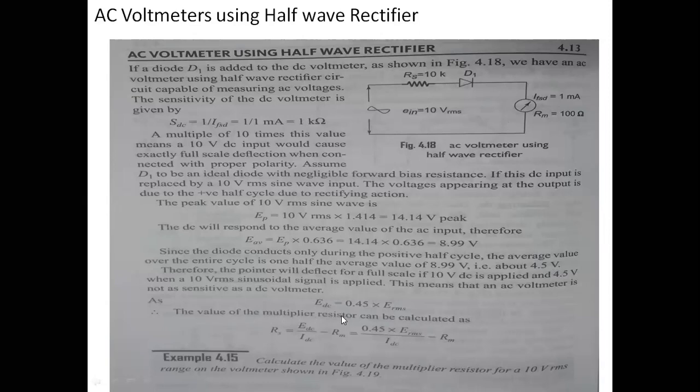The value of the multiplier resistor can be calculated as RS is equal to EDC by IDC minus RM. With this we will calculate this multiplier resistor.